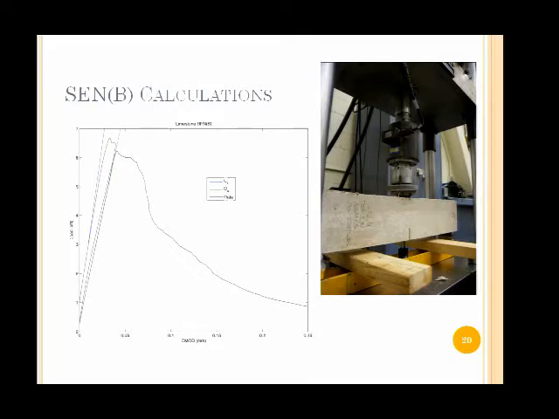This blue line here is what the calculated initial compliance is. It's taken from 0 to 50% of the peak load to ignore the effects of any plastic deformation that may occur near the peak load. And then we have our unloading compliance, which goes along the unloading curve. And from that, we get our data.